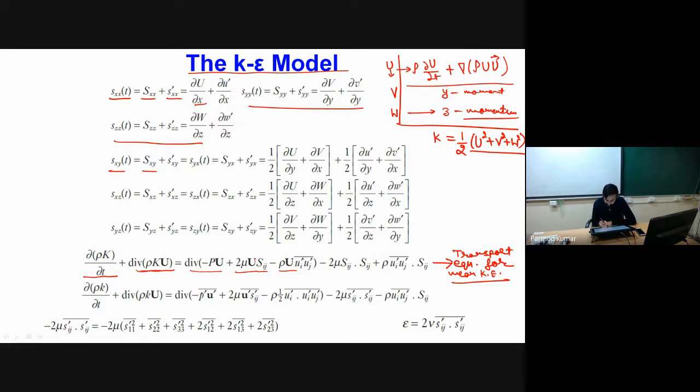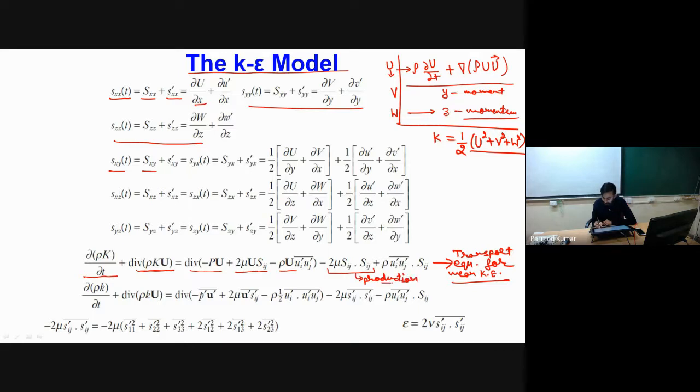The third term is related to the transport of kinetic energy due to the turbulent stresses. Then we have another term. This term, 2 mu Sij dot Sij, is known as the production of mean kinetic energy.